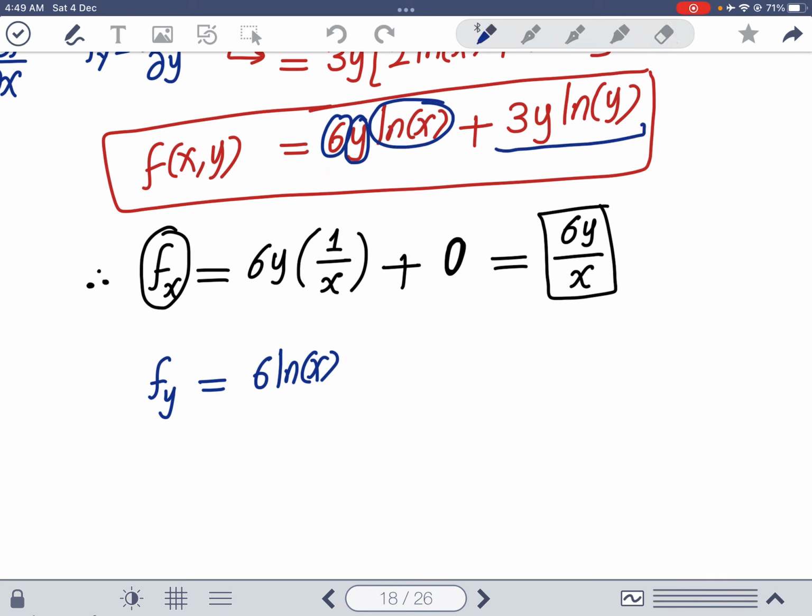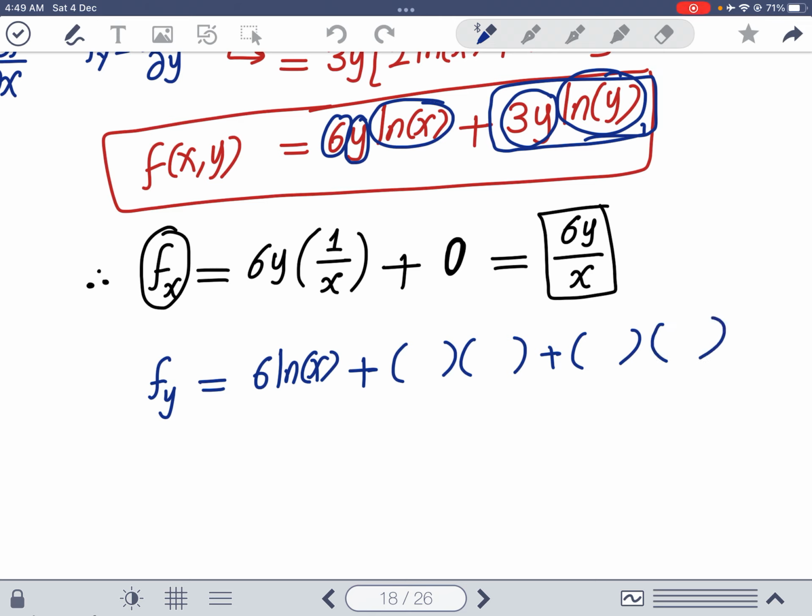Plus now this with respect to y, it has two functions of y, so I use the product rule. So this is plus, and now the product rule gives me something times something plus something times something. This is the first function, 3y, so its derivative is 3, and in the second part you write it as it is, ln y, and the derivative of ln y with respect to y is 1 over y.